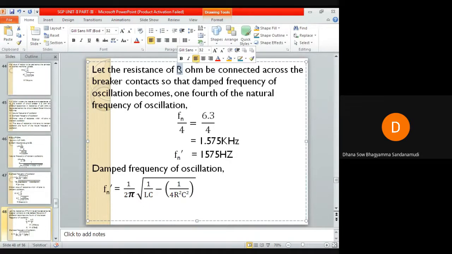So at that resistance, what about the frequency? The damped frequency is 1/4 of the natural frequency. What is the natural frequency value? We have already calculated.